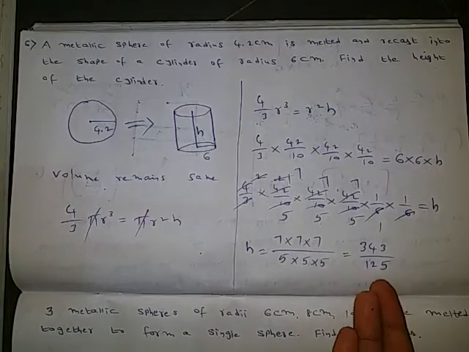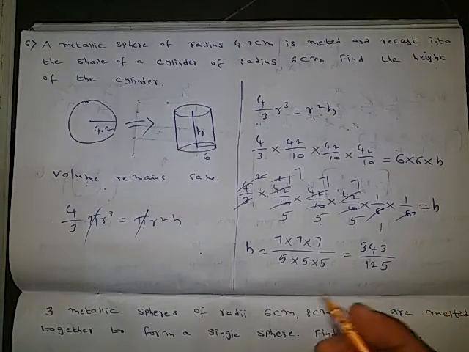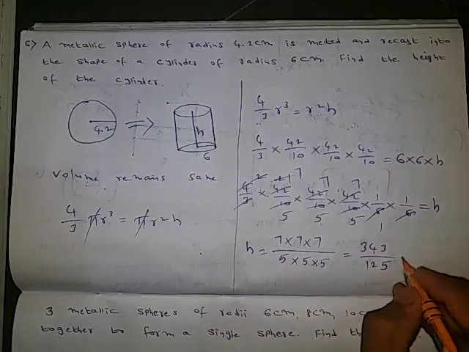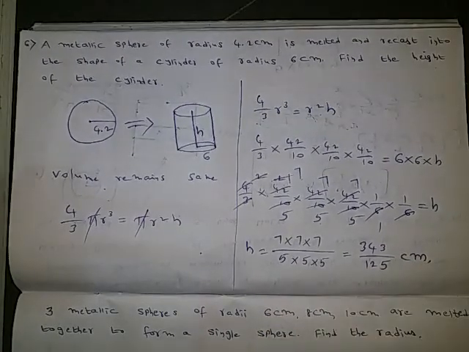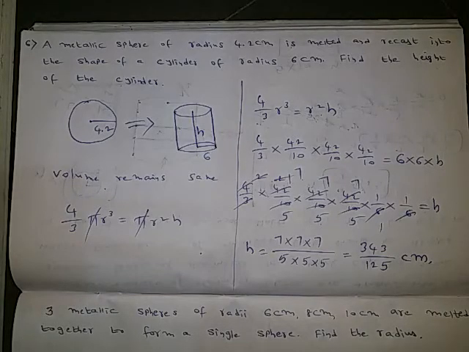If you do the division of this, you will get a decimal point. Then all the measurements are in centimeters, so this answer is also in centimeters. Now let us move to one more question based on the same concept again.